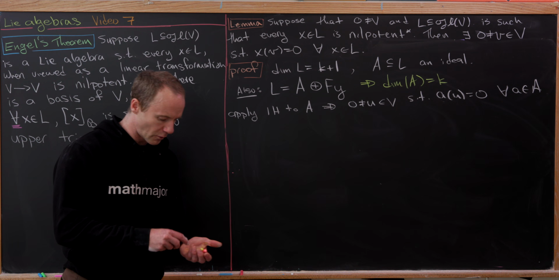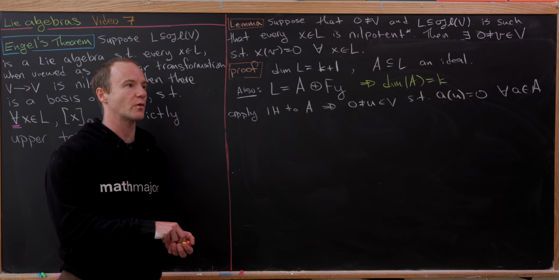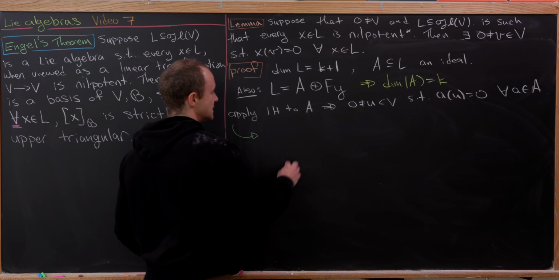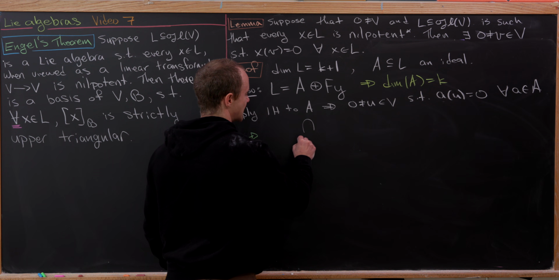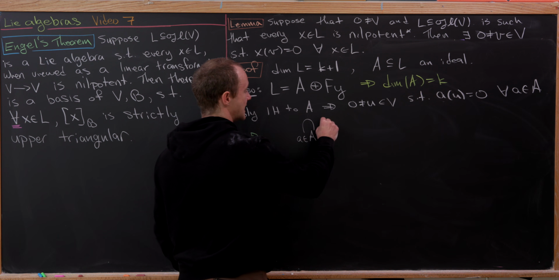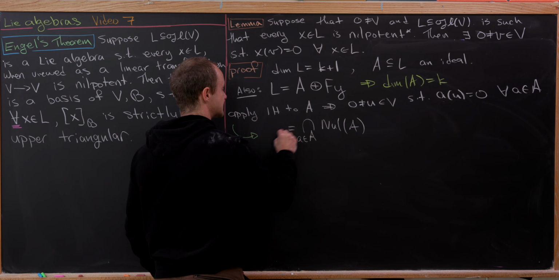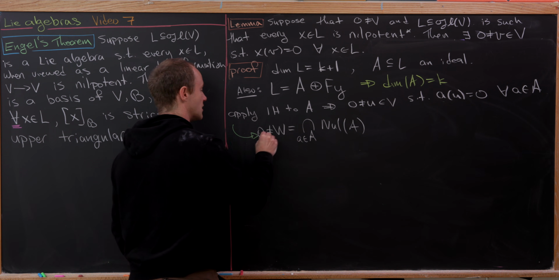And now to move forward, we want to look at the other way of realizing this, and that is as follows. The intersection, as we go over all A in A, of the null space of A is a non-zero subspace.